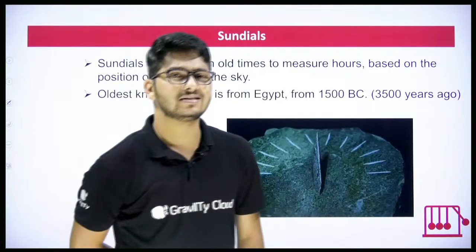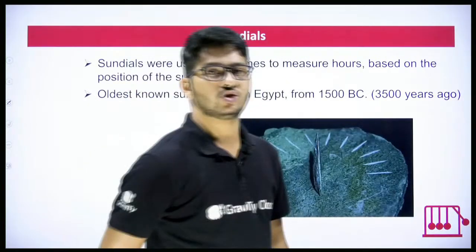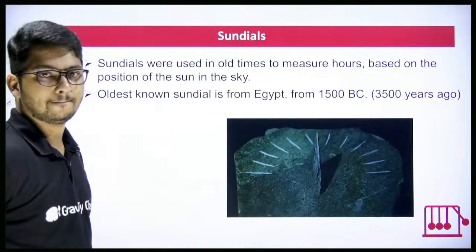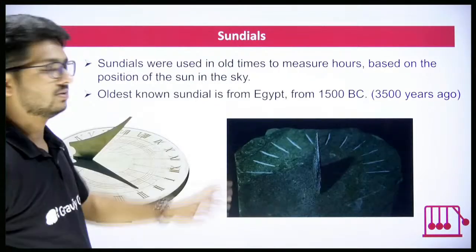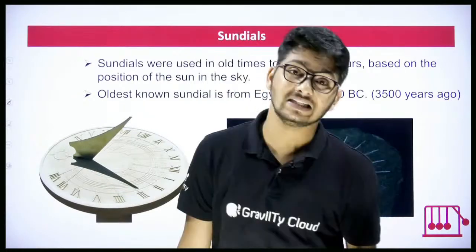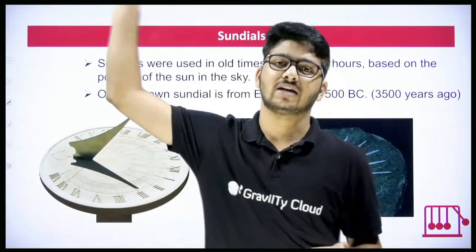And one such simple instrument is something called a sundial. What is that? You can understand that by looking at the image here. This is what it will be. So it all depends on the shadow. Look at the shadow here. That shadow will change depending on the sun in the sky. This is a sundial.